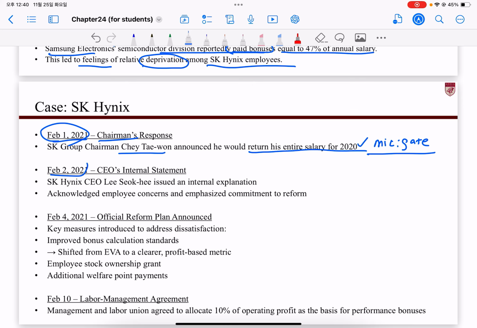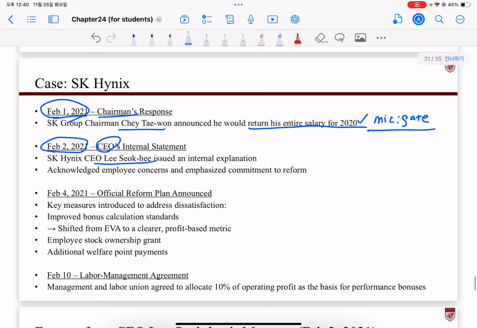And then one day after, the CEO, Lee Seok-hee, issued an internal explanation on why they had paid flat. Okay. So he acknowledged that employees can have concerns.